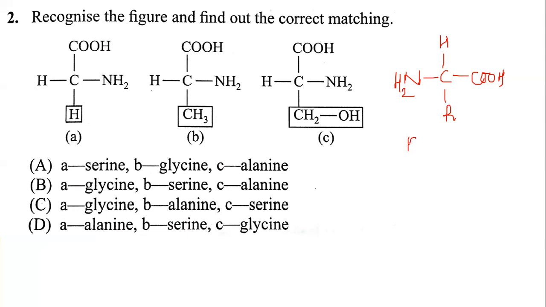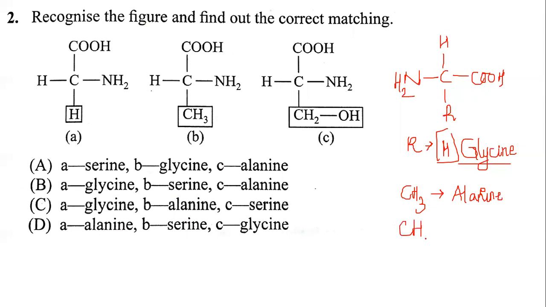So we have learned that if the R group is hydrogen, then you will call such an amino acid glycine. Are you remembering that I told you this point? Glycine, R is hydrogen. If it is CH3, then you will go with alanine.